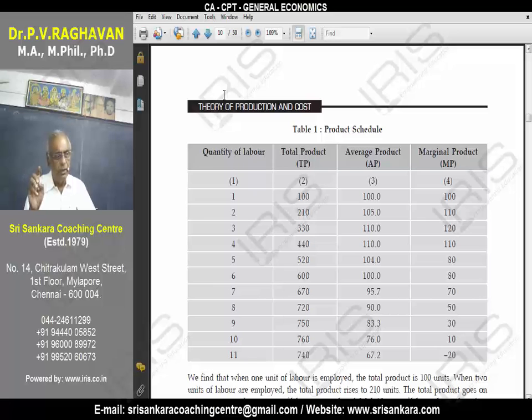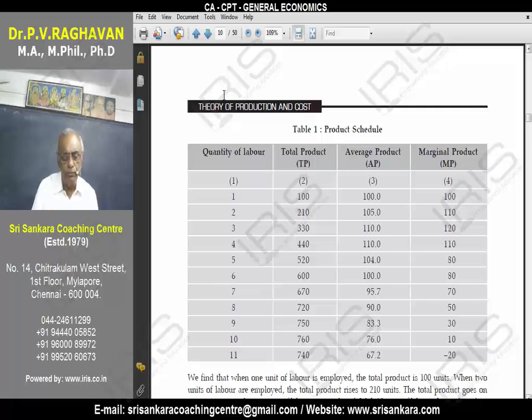Number one, what is short period production function? Answer: one factor is variable. Other factors are kept constant. Number one.